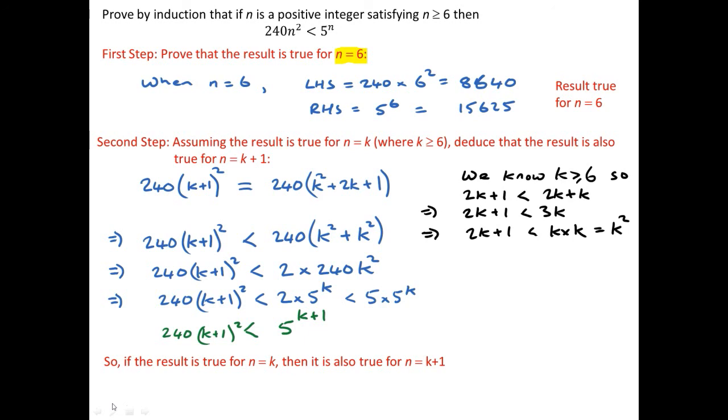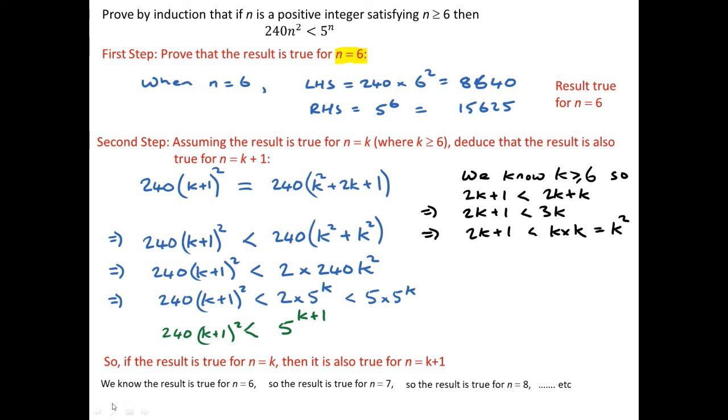So we know that if the result is true for n equals k, then it is also true for n equals k plus 1. By the first step, we know the result is true for n equals 6. So using the second step, we now know the result is true for n equals 7. Using the second step again, we now know the result is true for n equals 8.